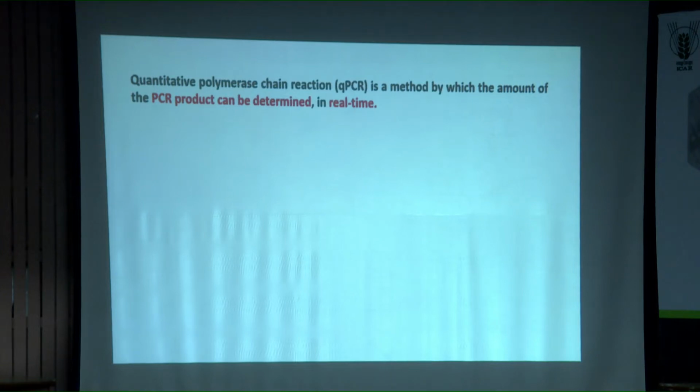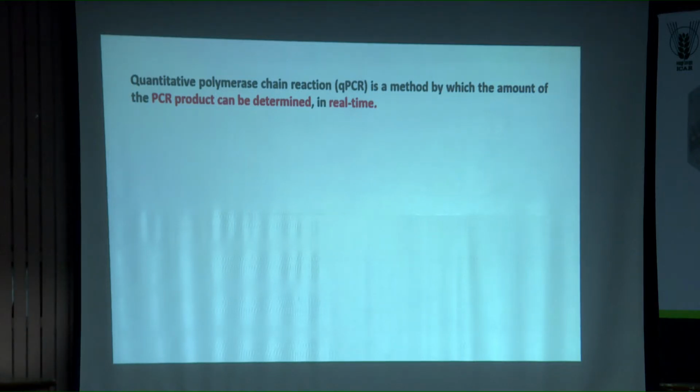Quantitative polymerase chain reaction is a method by which the amount of PCR product can be determined in real time. In a nutshell, you can monitor the reaction rather than just the endpoint in qPCR, right? And you must know the difference between PCR and qPCR.